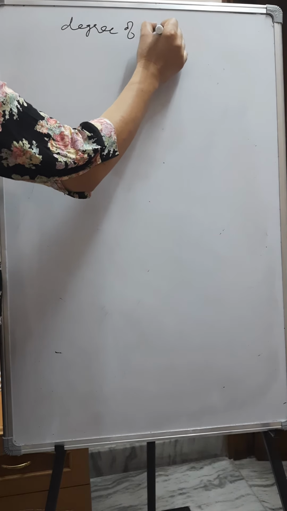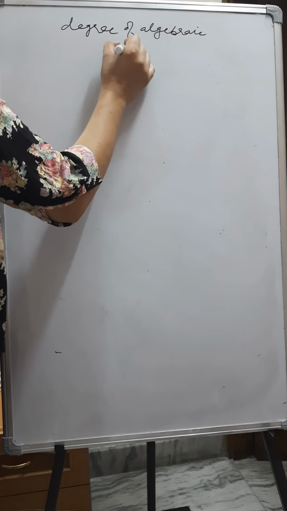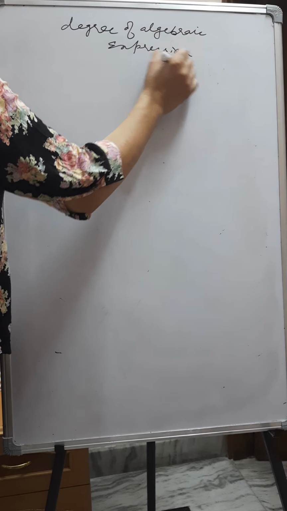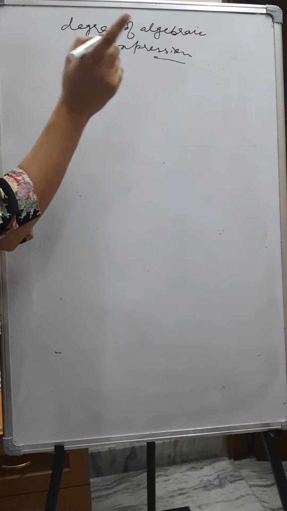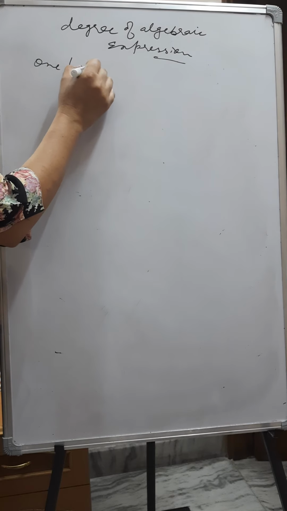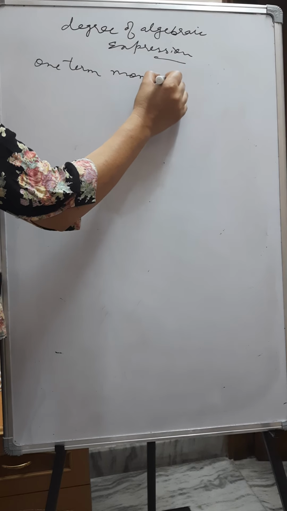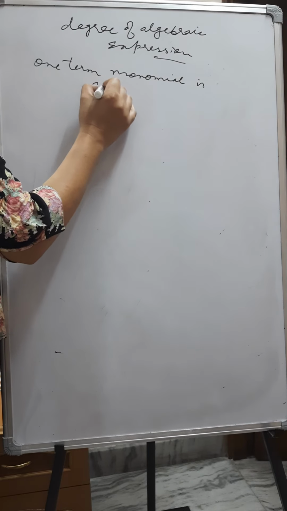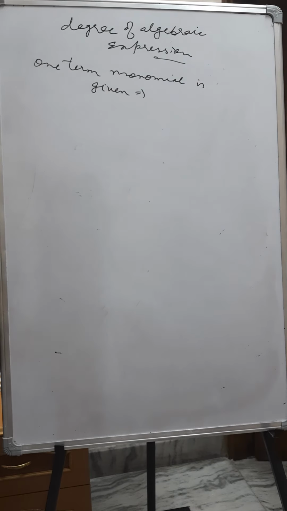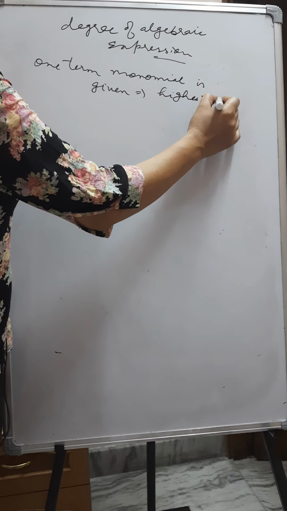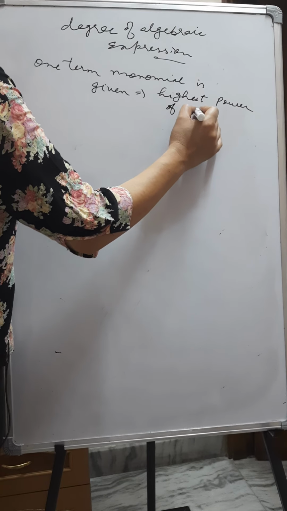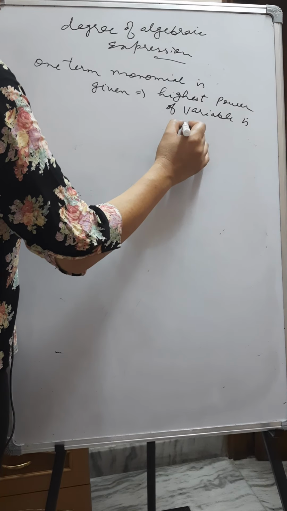If a monomial is given, meaning one term, then the highest power of the variable is the degree.